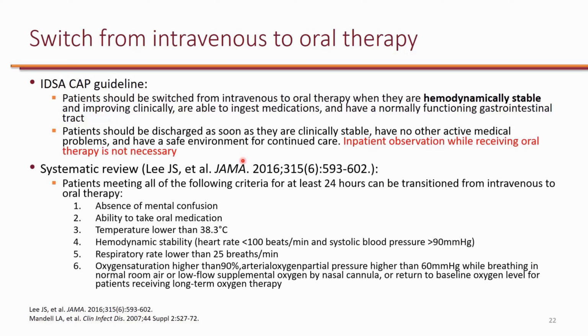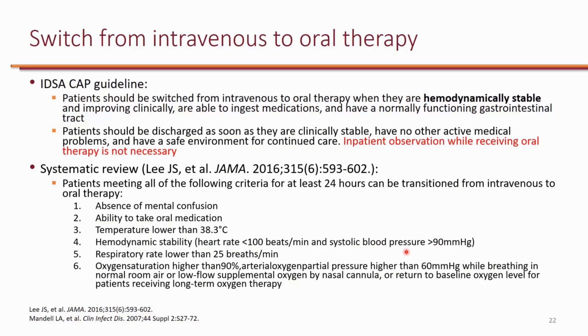Now, there was a systematic review published in JAMA in 2016 that looked at the evidence for criteria helping transition patients from IV to PO. So basically, absence of mental confusion, ability to take oral medications, absence of fever, hemodynamic stability, which is defined as heart rate less than 100, and of course, systolic blood pressure greater than 90.